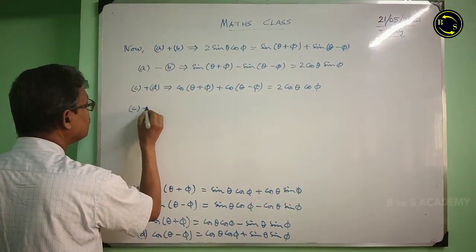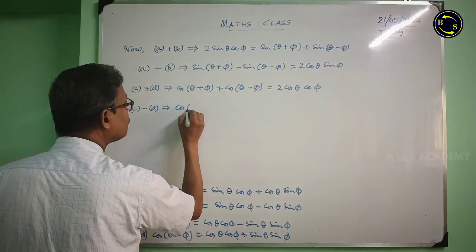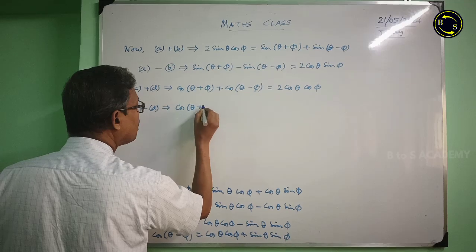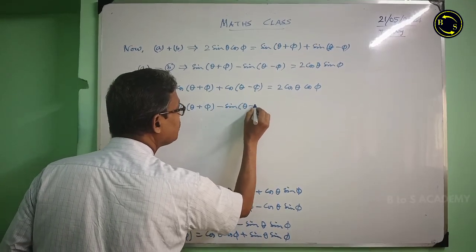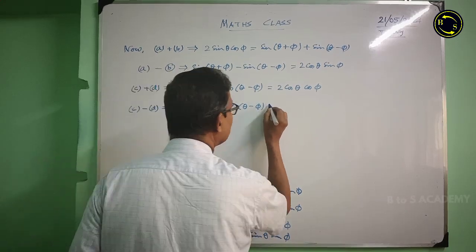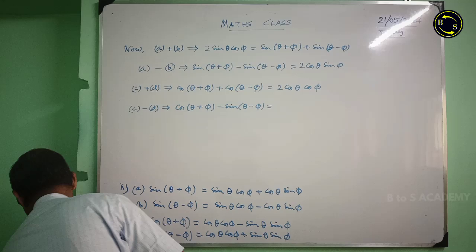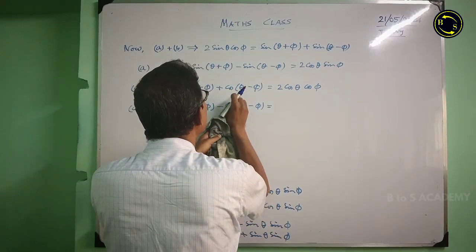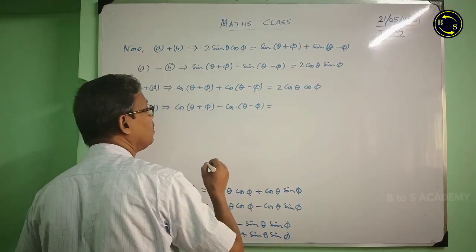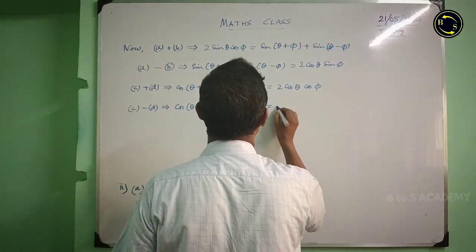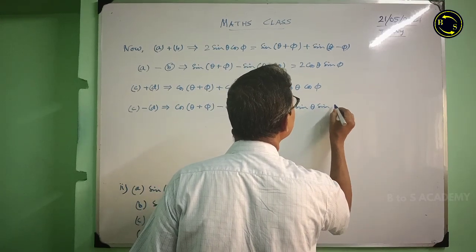C minus D will give cos of theta plus phi minus cos of theta minus phi, that will be equal to minus 2 sin theta sin phi.